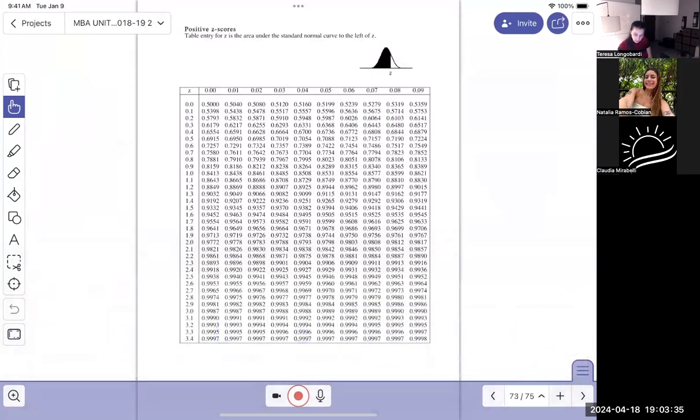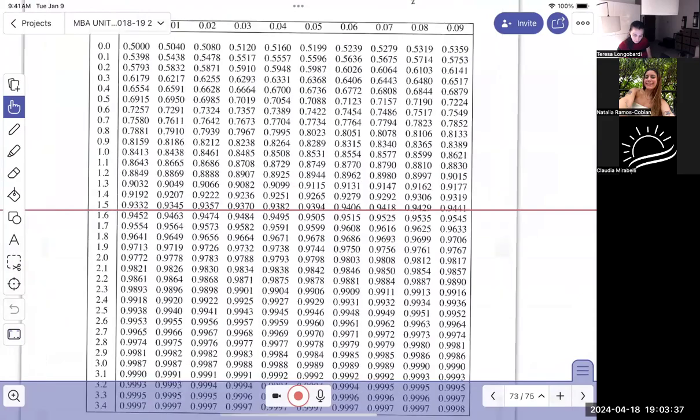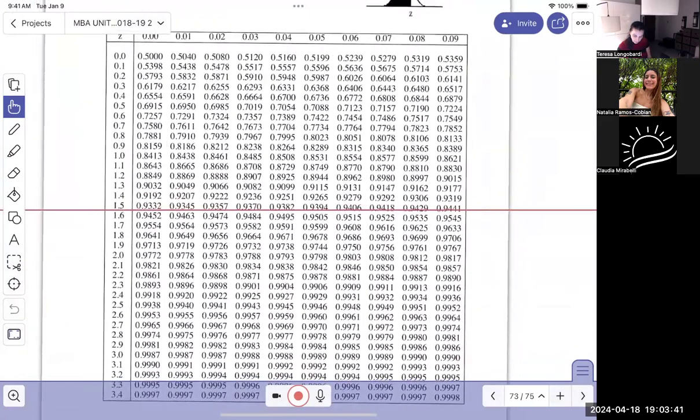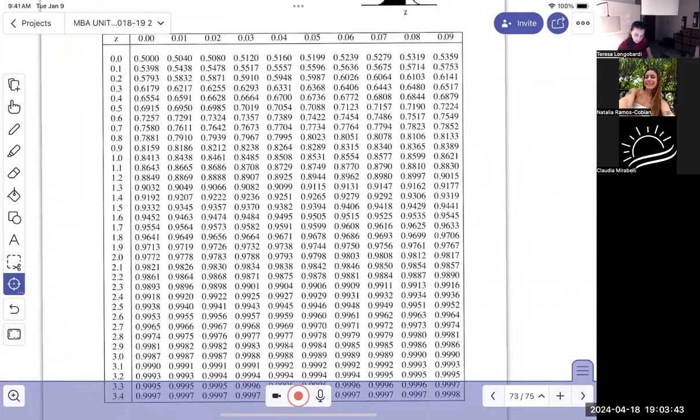Okay. So here, what was it? 2.14, right? So we look for 2.14 and the value is this one. So what does that give you? That gives you the left side.